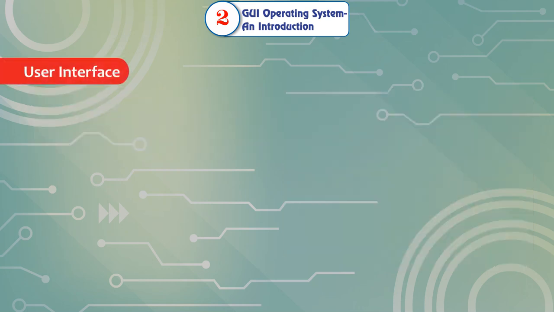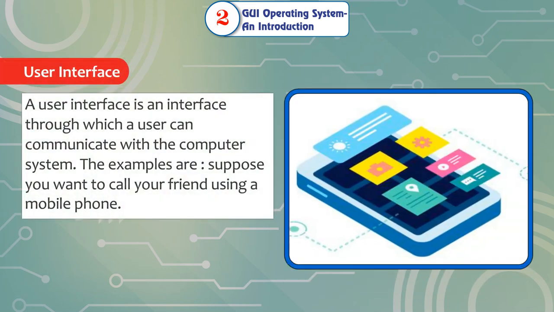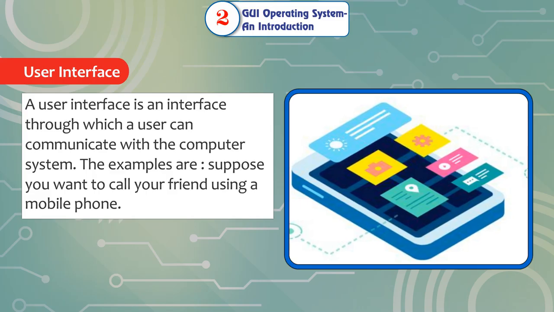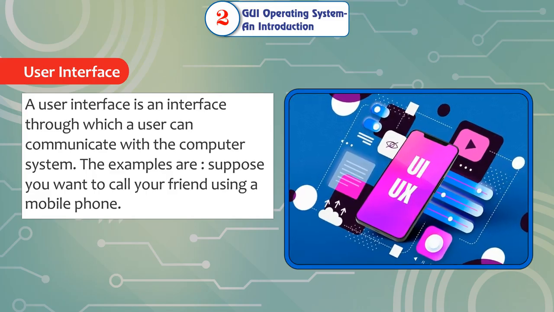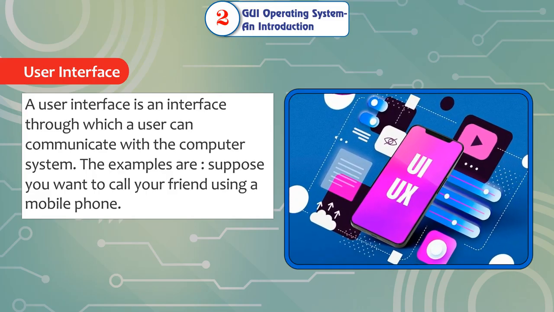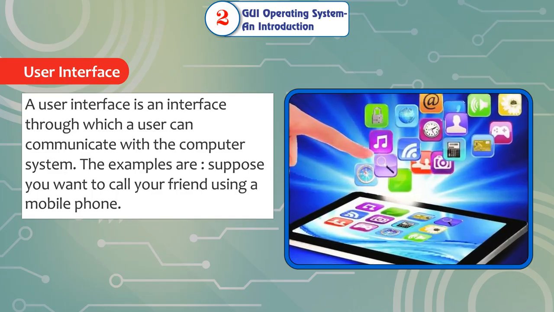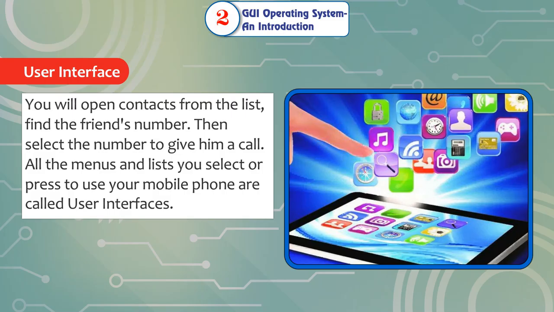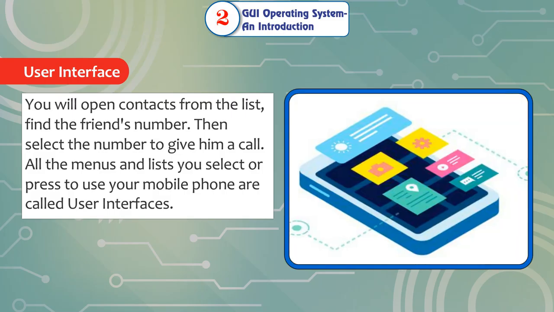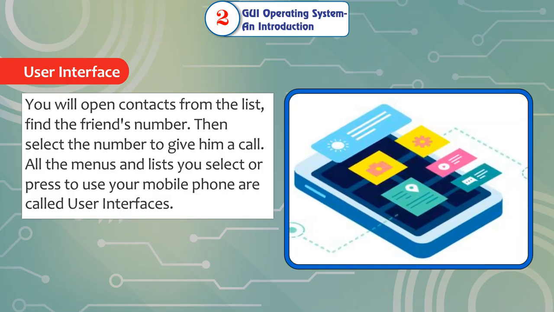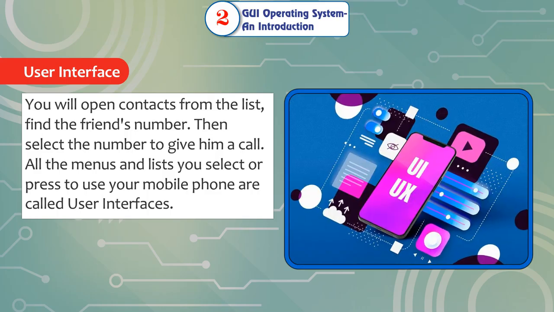User interface. A user interface is an interface through which a user can communicate with the computer system. For example, suppose you want to call your friend using a mobile phone. You will open contacts from the list, find the friend's number, then select the number to give him a call.